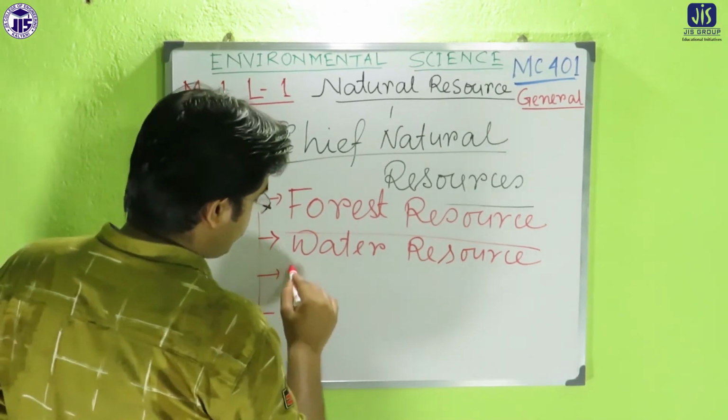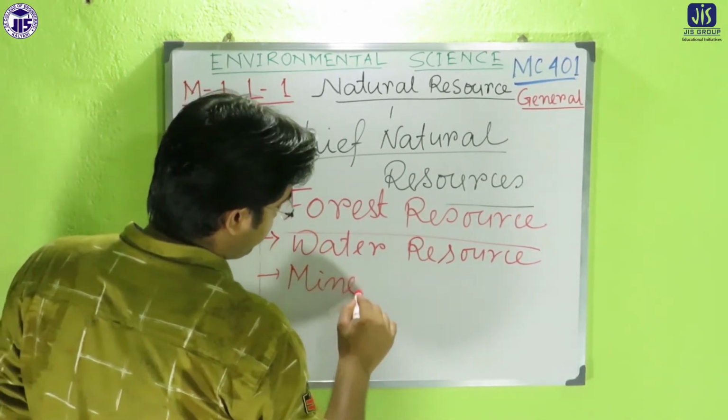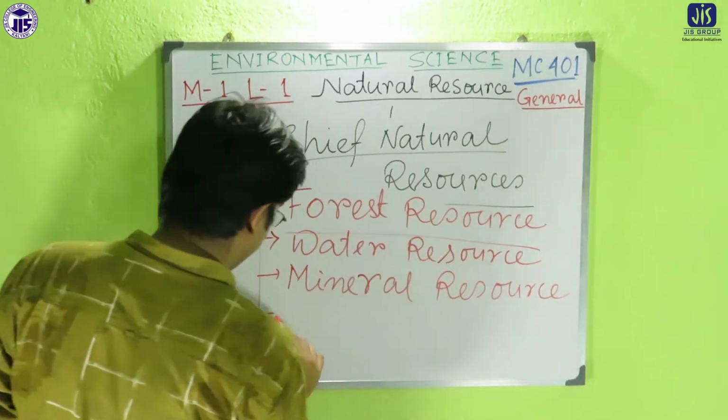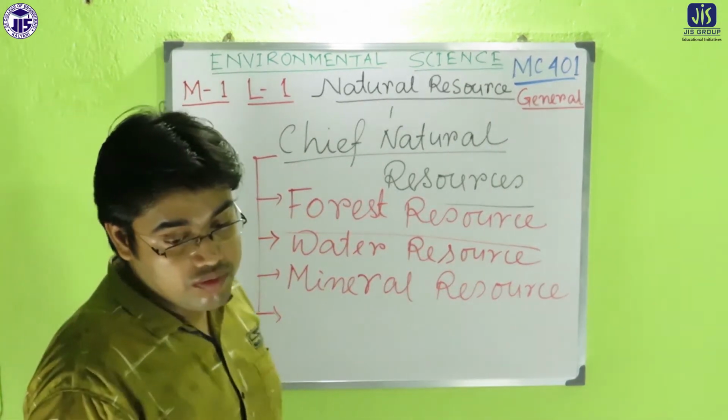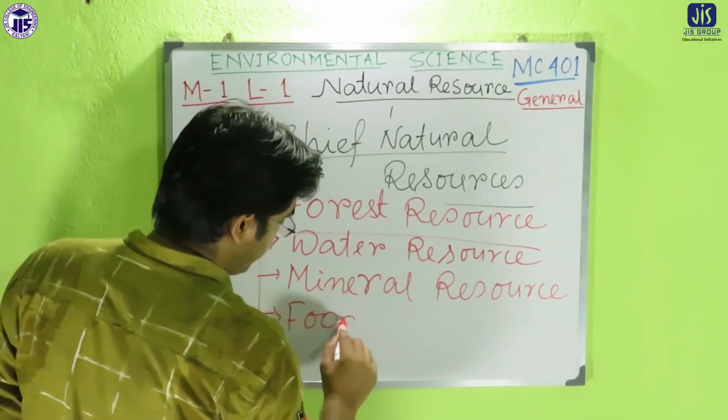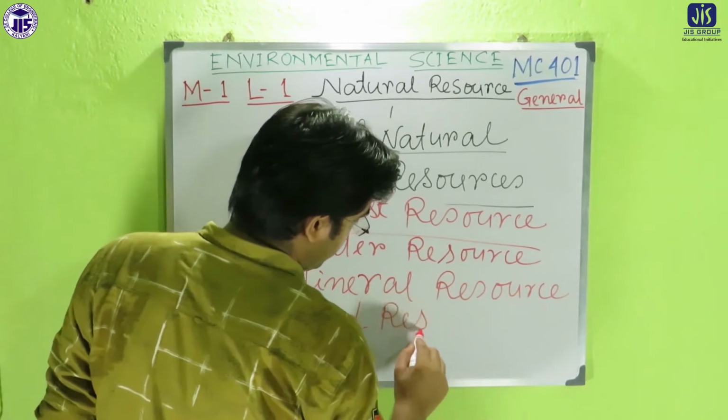Third one, that is also another important, that is the mineral resource. And the fourth one and the most important one, that is the food resource.